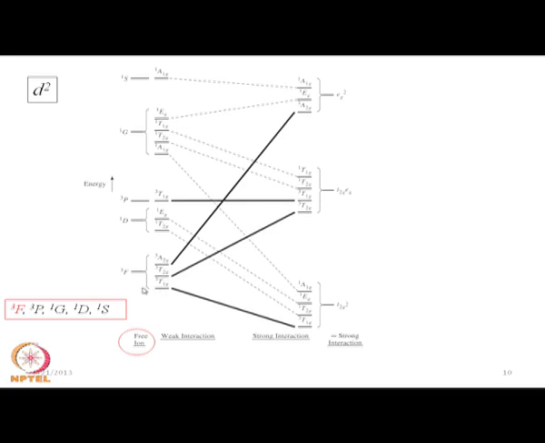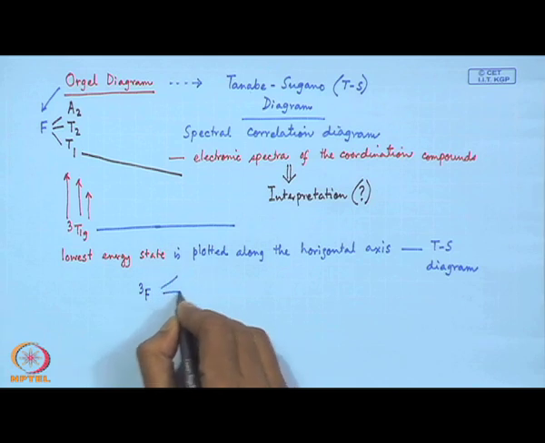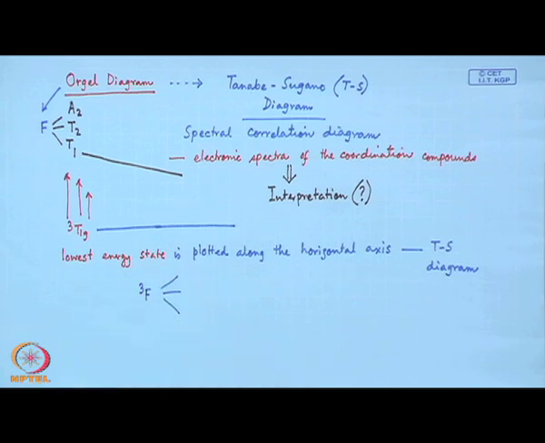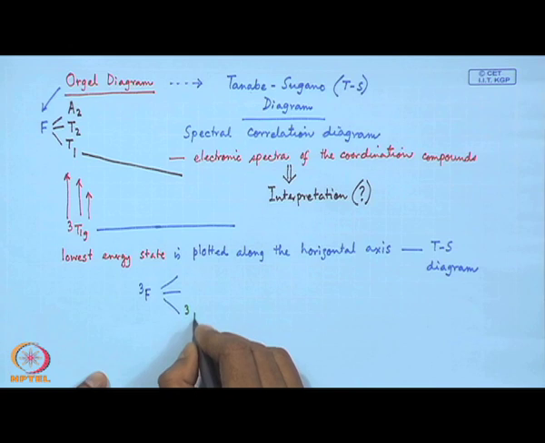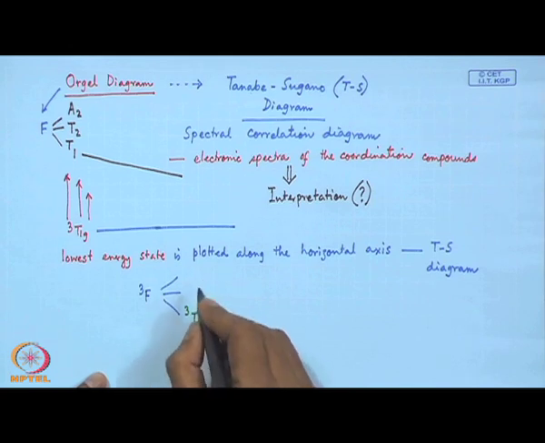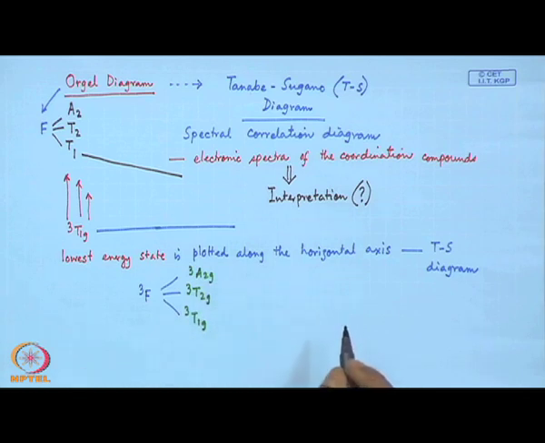So, altogether if we consider this 3F term, it is splitting into 3T1G, 3T2G and 3A2G terms.